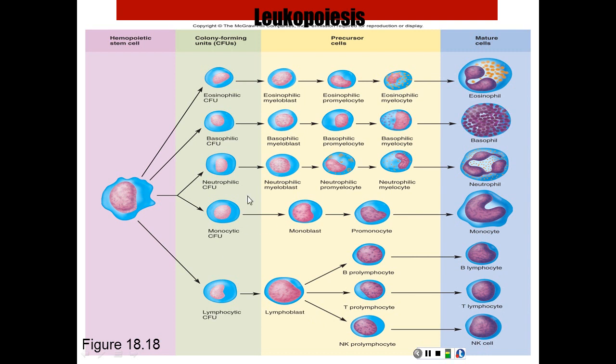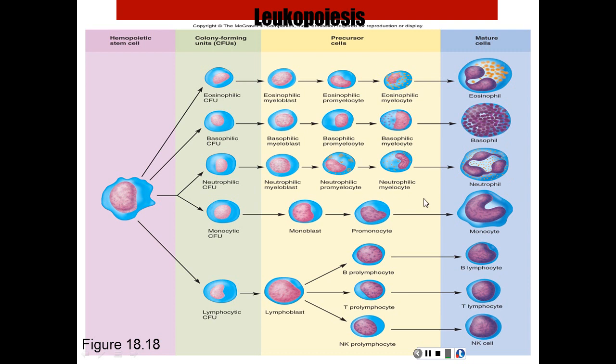Our monoblasts are going to ultimately form our monocyte. And our myeloblasts, which form 3 of them, through the process will eventually give us our eosinophils, our basophils, and our neutrophils.